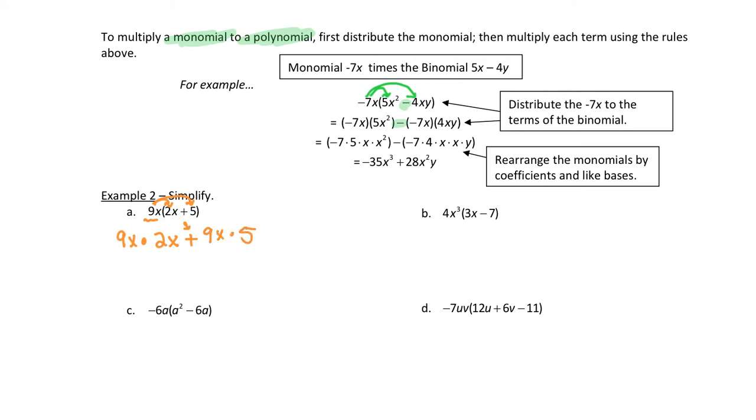I'm not going to rearrange it this time because I think this one's pretty simple. We're going to do 9 times 2 is 18. Don't forget there's that one there. X to the first times another x to the first will give me x squared. Once again, the 9 times the 5 will give me 45, and then the x. And that is my final answer.